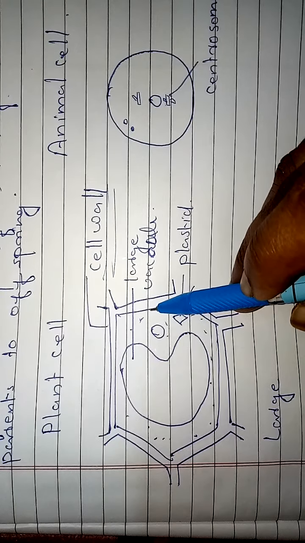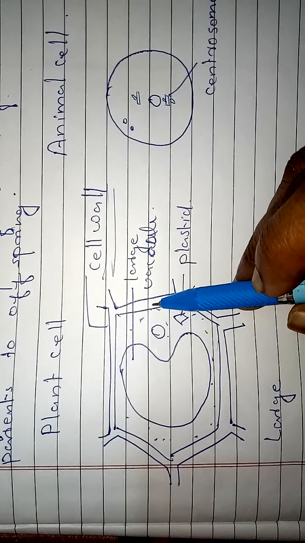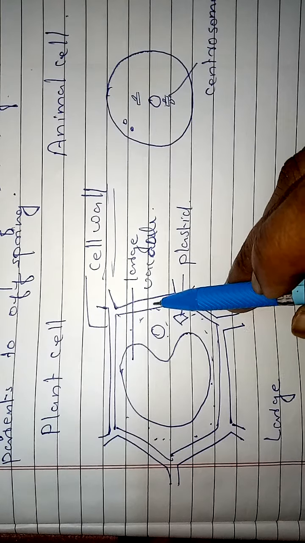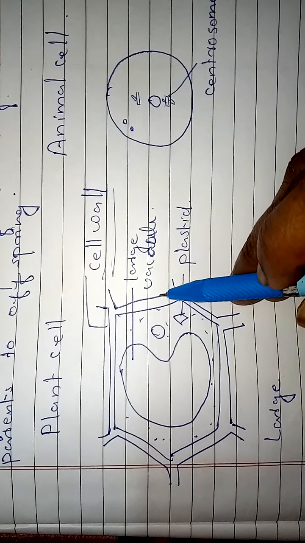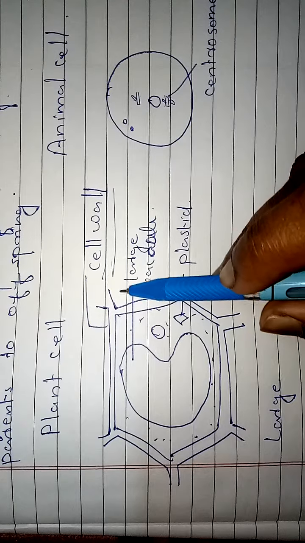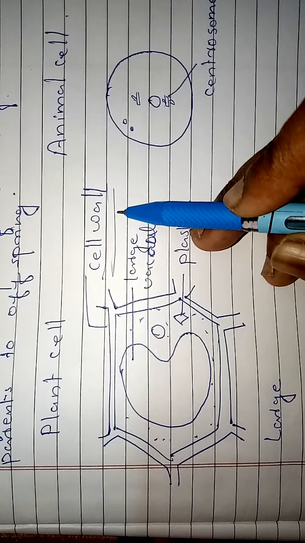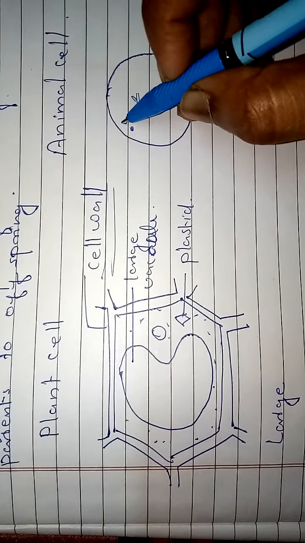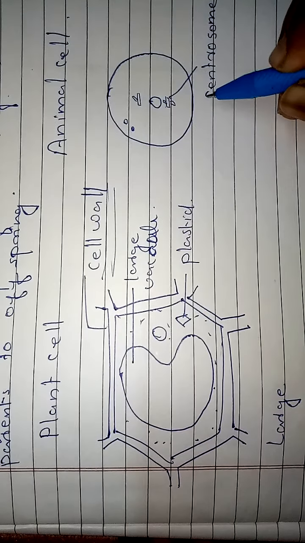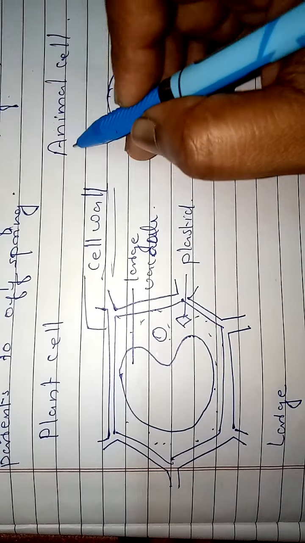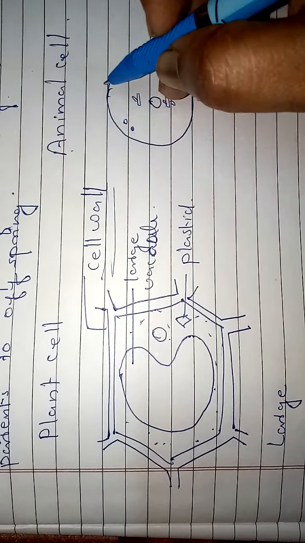It has the plasma membrane definitely, and in addition there is the cell wall, which is made of cellulose. The plasma membrane is present in the animal cell, but the cell wall is absent. No cell wall is present in the animal cell.